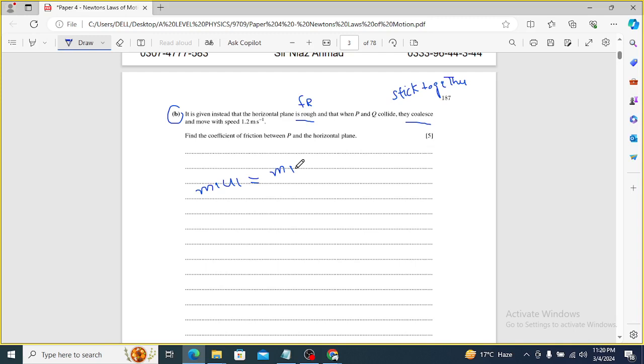So the mass is 0.3 u1, we do not know the speed u1 here, plus 0.2 into velocity 1.2. On the right hand side, get the answer 0.5 into 1.2 and make u1 the subject.